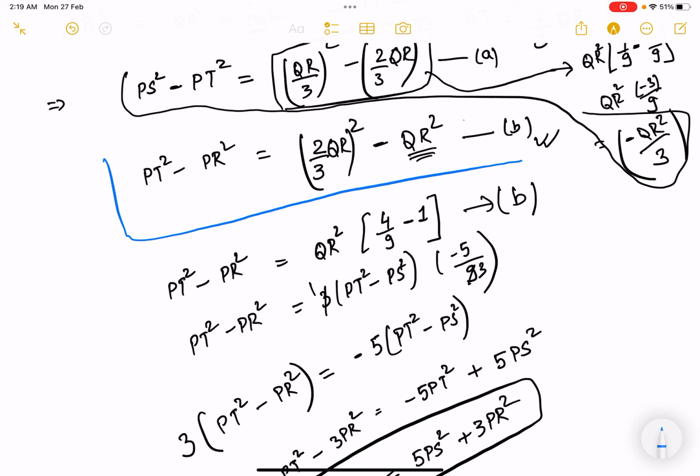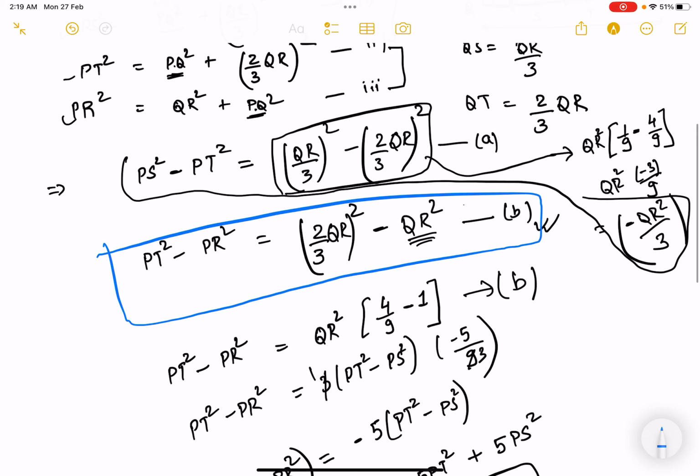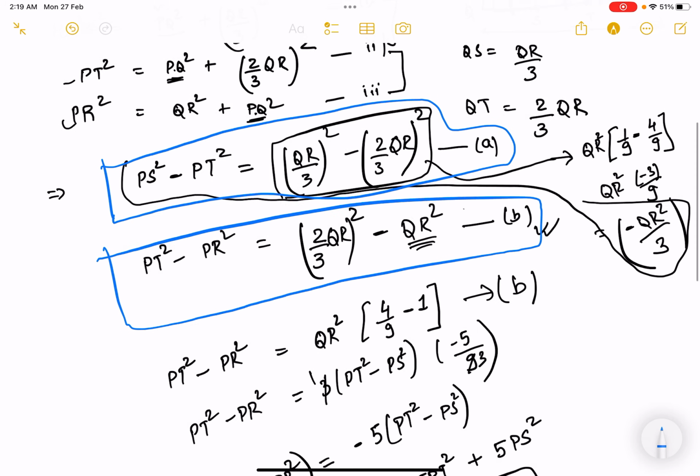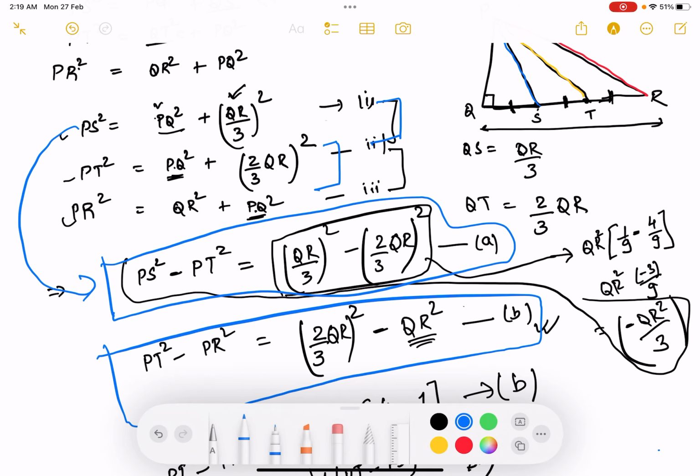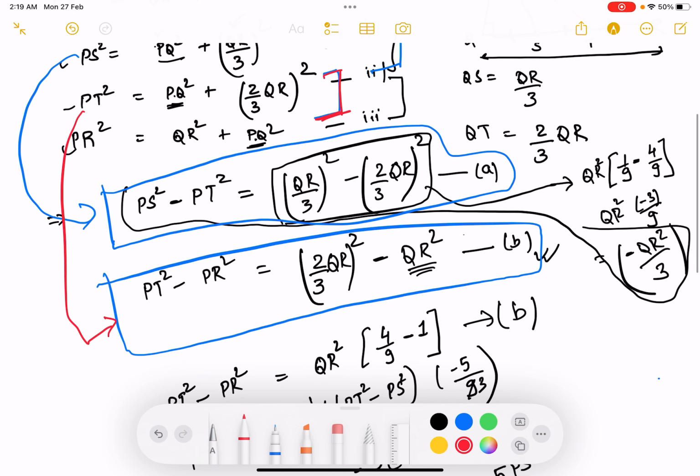This was our equation B and this was our equation A. And how did we get B and A? By subtracting equations 1 and 2, we got equation A, and then subtracting 2 and 3, we got equation B. And the rest is very easy.